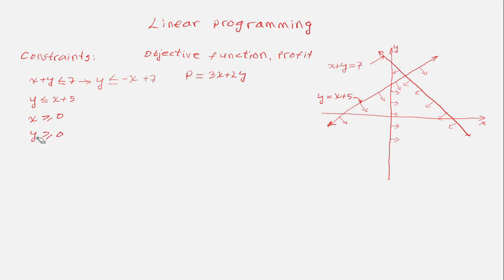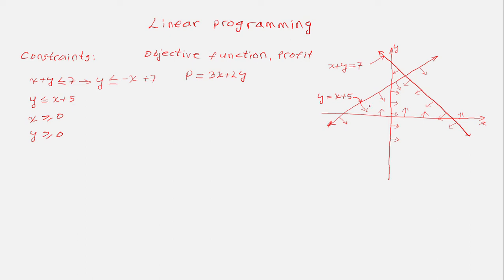Now the fourth constraint says that y is greater than or equal to 0. That means we go from the x-axis up. So as we should be able to see, each of these lines has arrows pointing towards this region right here.